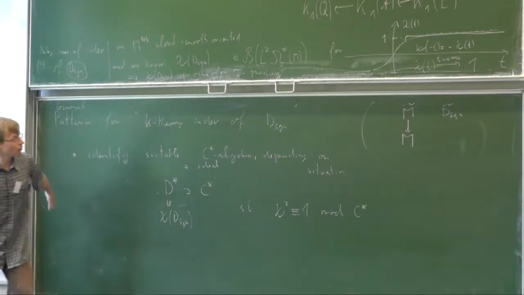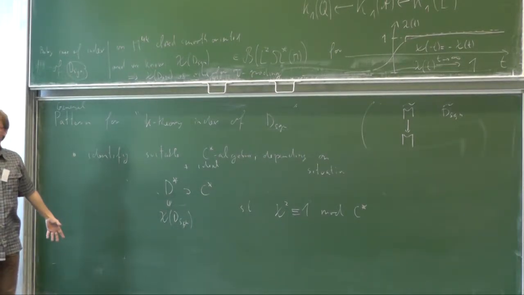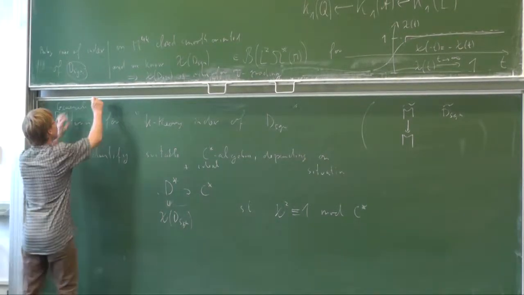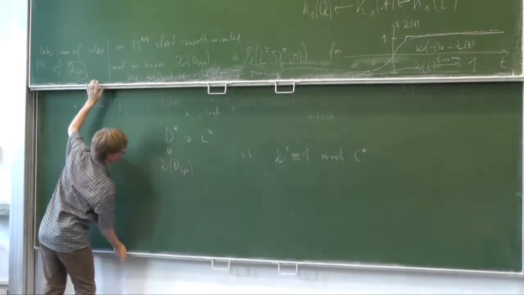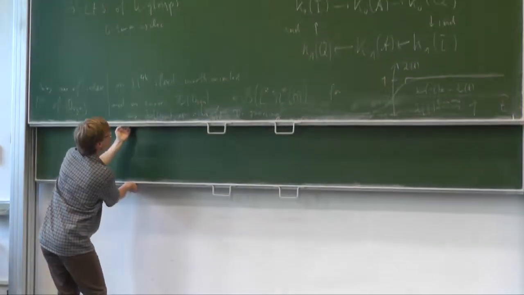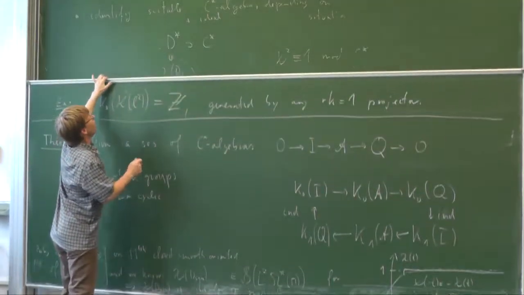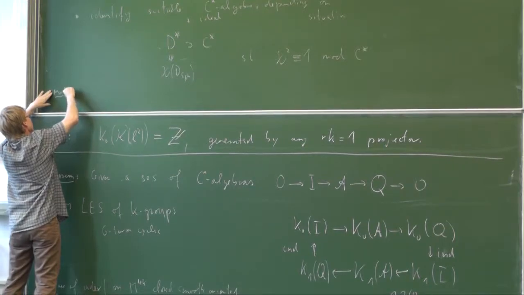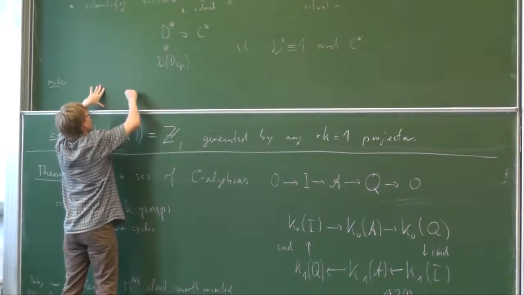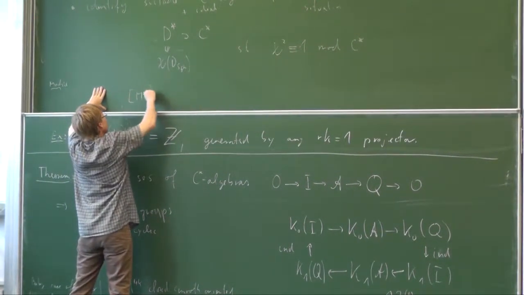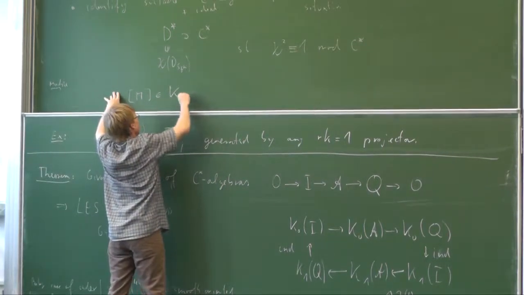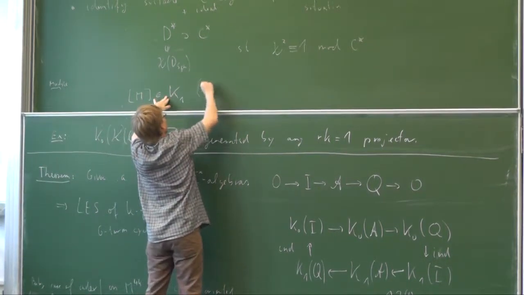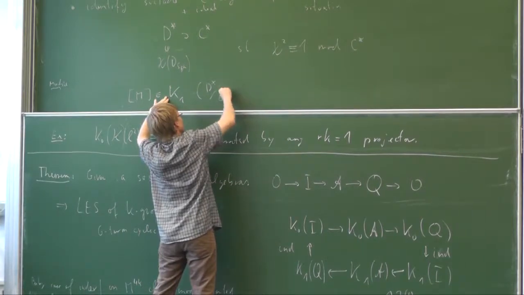Okay. And then the whole machine works, and we can define a class of M in K1 of E star mod C star.